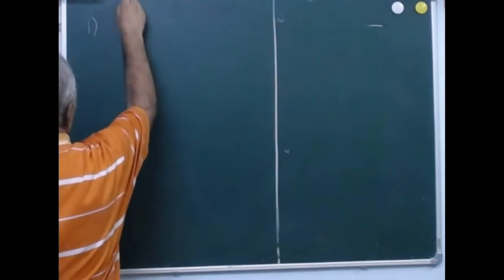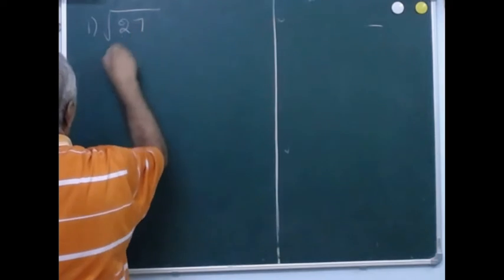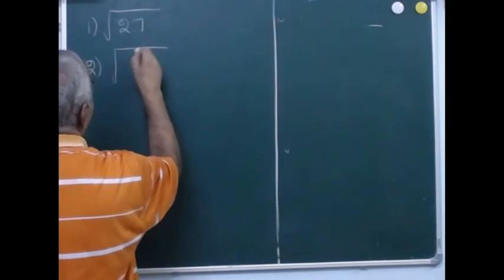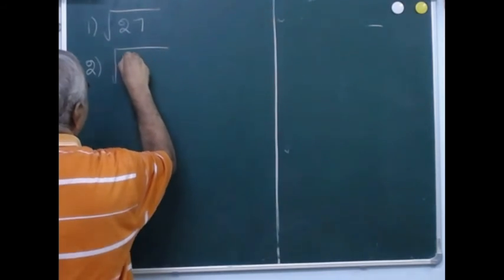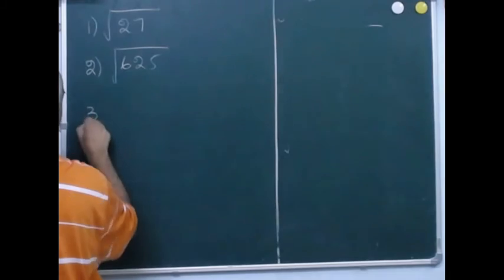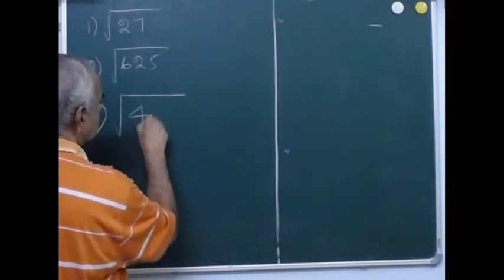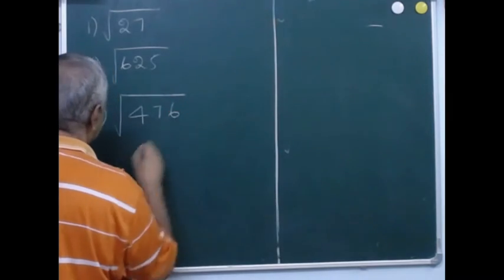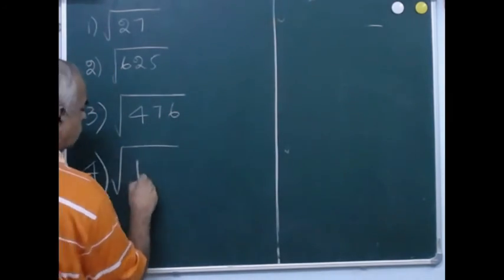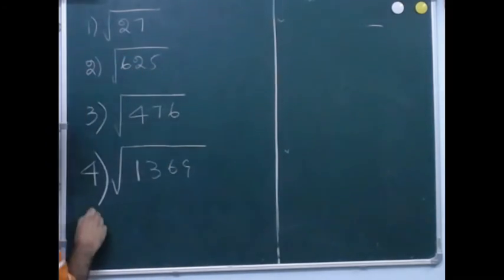Question number 1. Find the square root of 27. 2. Find the square root of 625. 3. Find the square root of 476. 4. Find the square root of 1369. 5.